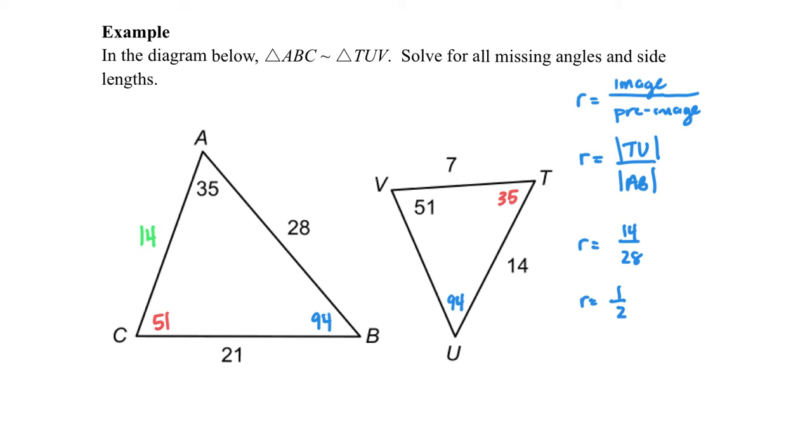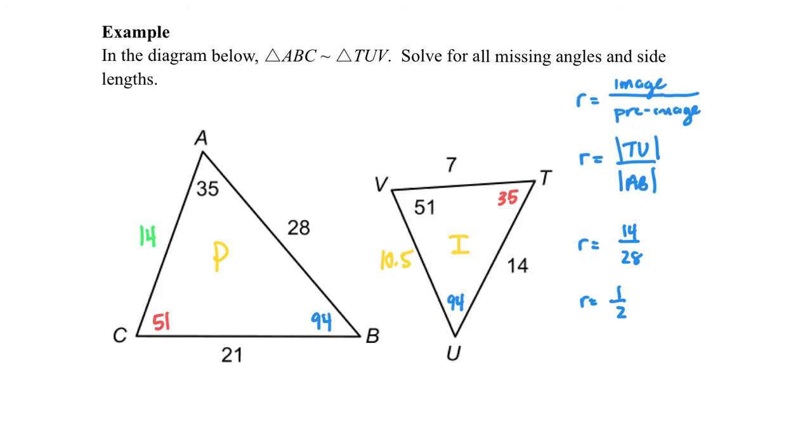And then that leaves CB, which is the last two letters, with UV, which is the last two letters. And this is the pre-image. In fact, it'd probably be a smart idea to label these as pre-image and image, just so that you can always follow. Remember, it's pre-image times scale factor gives you image. So 21 times 1/2 gives us 10.5, which gives us our remaining side.